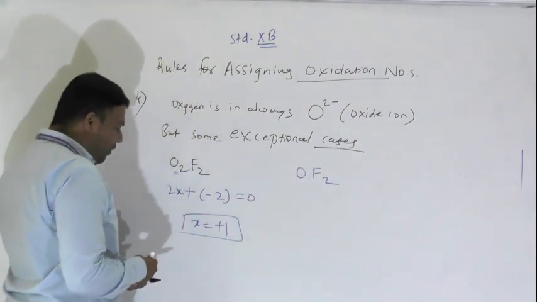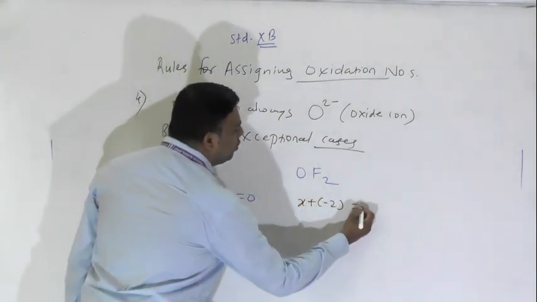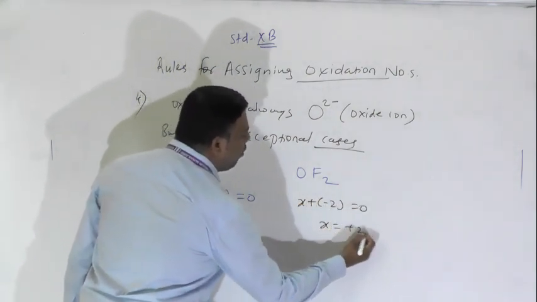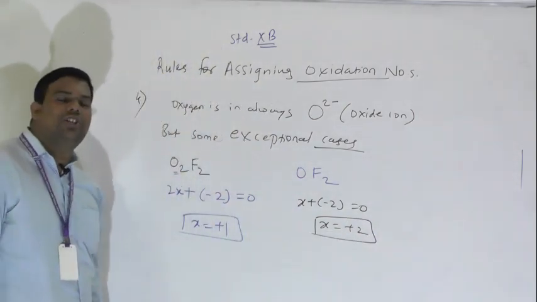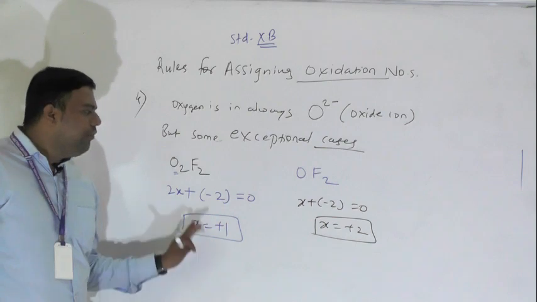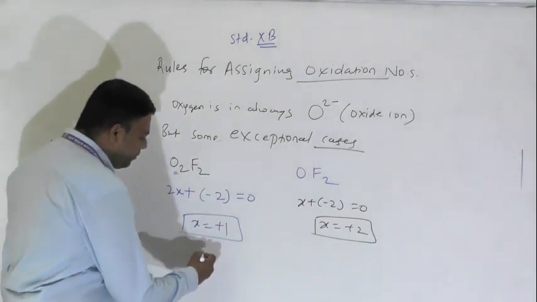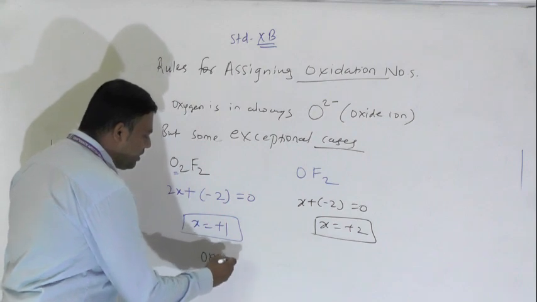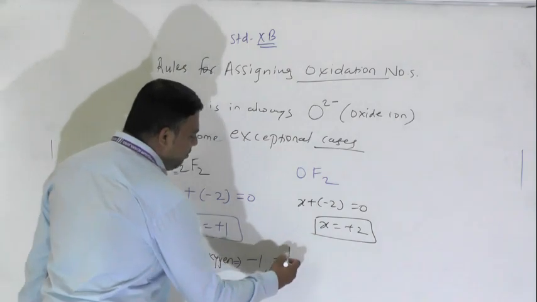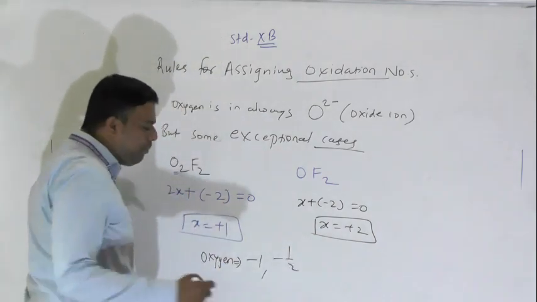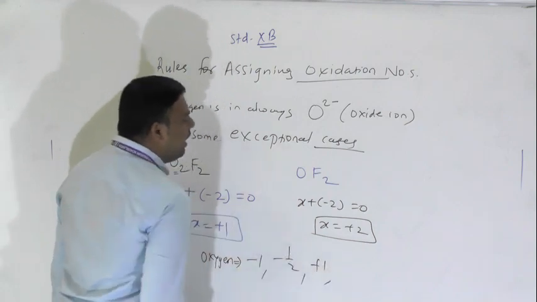Now OF2. Here x plus -2 is equal to 0, so x is equal to +2. So for the oxidation number of oxygen, we discussed the exceptional cases: -1 in peroxide, -1/2 in superoxide, +1 in O2F2, and +2 in OF2.